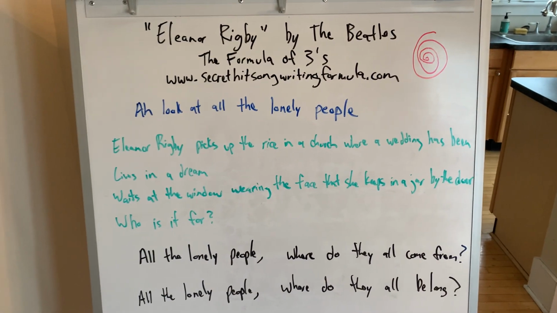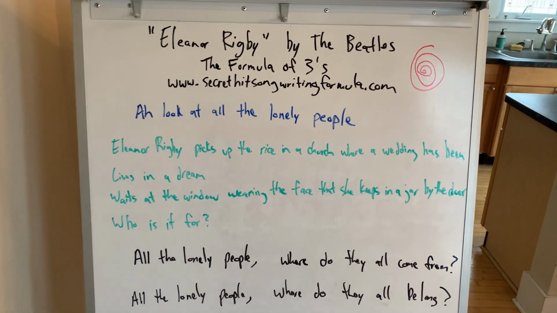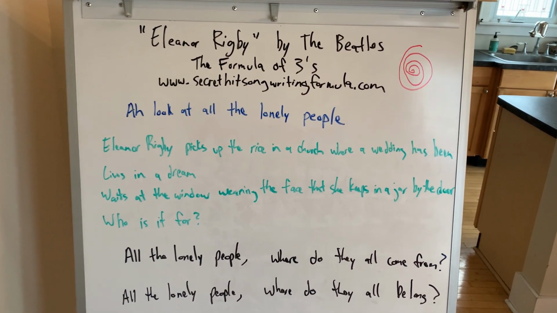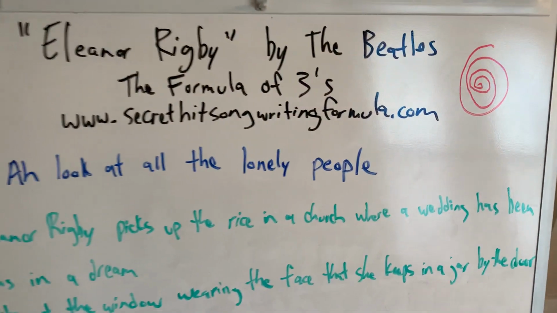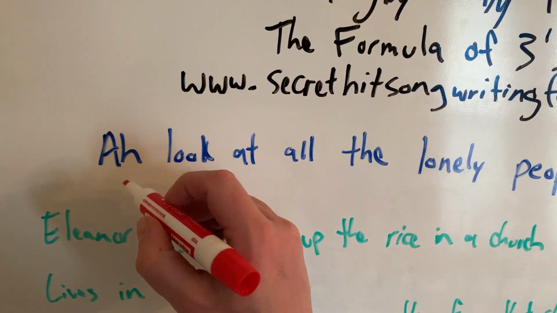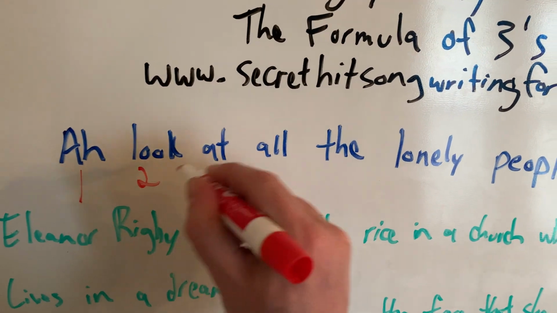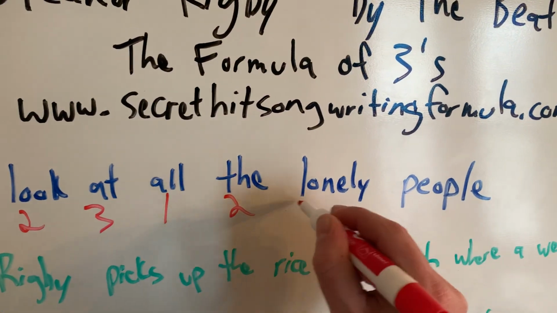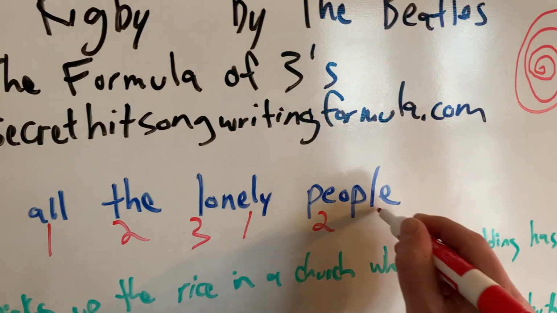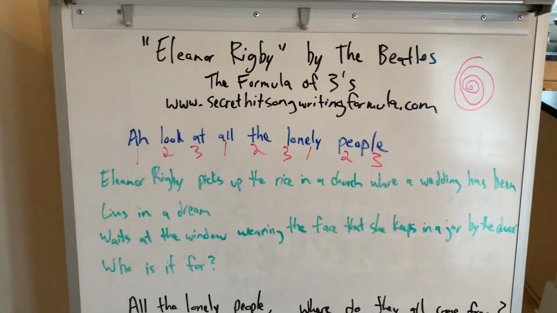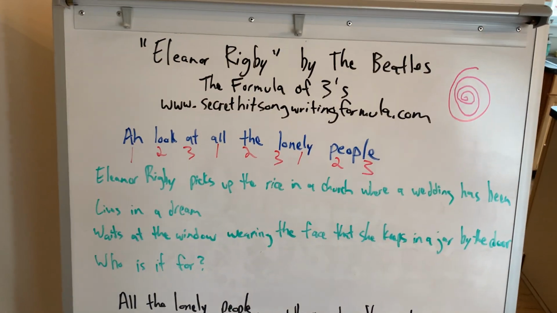Okay, so the song starts off with, "Look at all the lonely people." If we count that out: 1, 2, 3, 1, 2, 3, 1, 2, 3. That's how we would count the syllables.